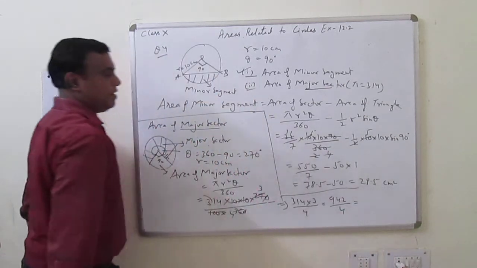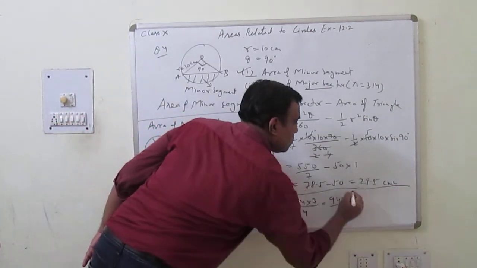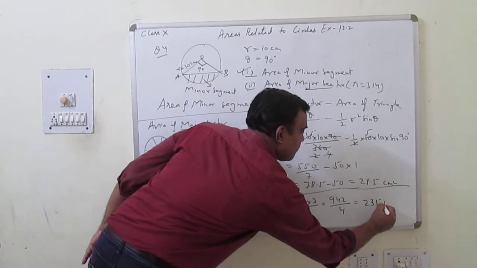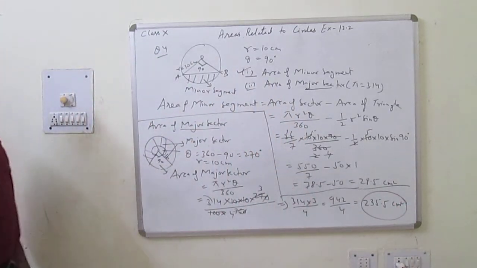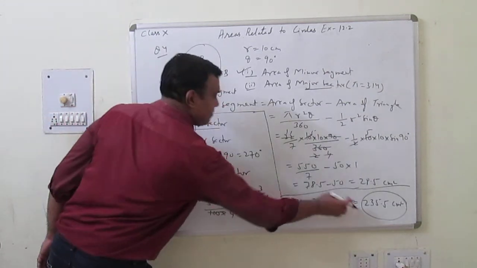If you divide it, you will get 235.5 centimeter square. This is the area of the major sector.